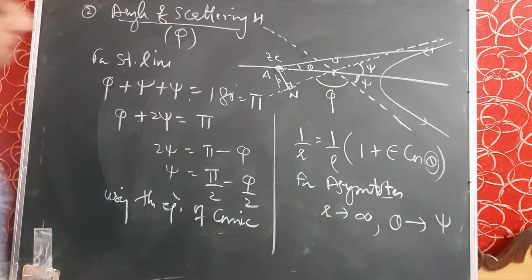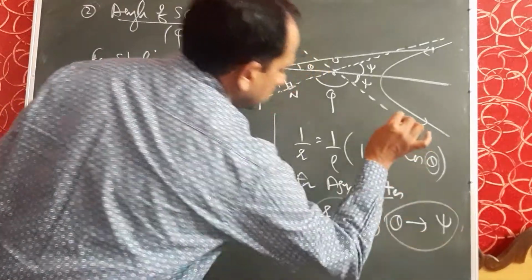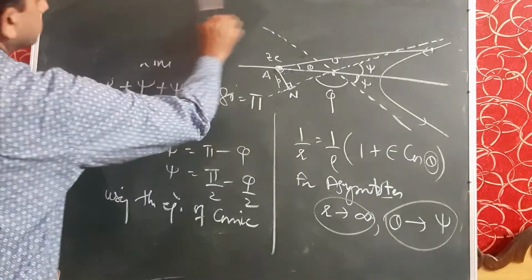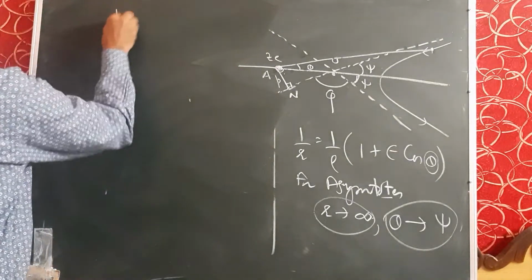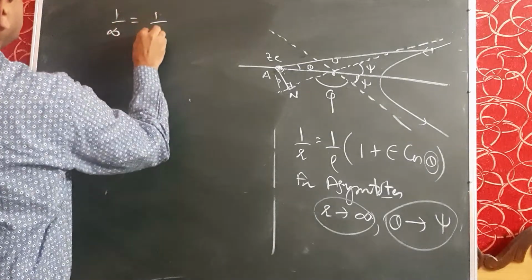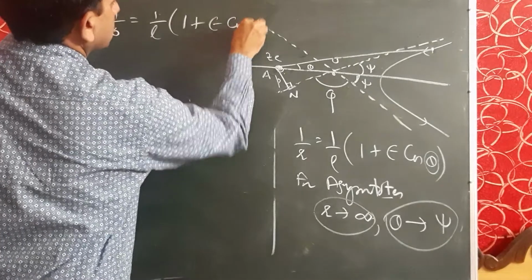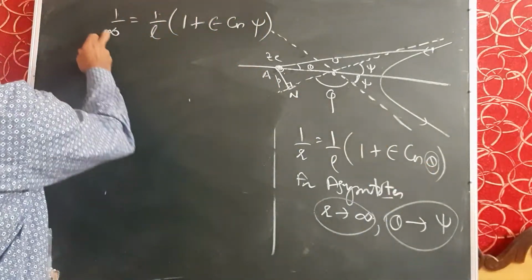So put the value of r as infinity and the value of theta as psi in this equation, and we will get 1 by infinity equal to 1 by L into 1 plus epsilon cos psi. Theta becomes psi and r becomes infinity.